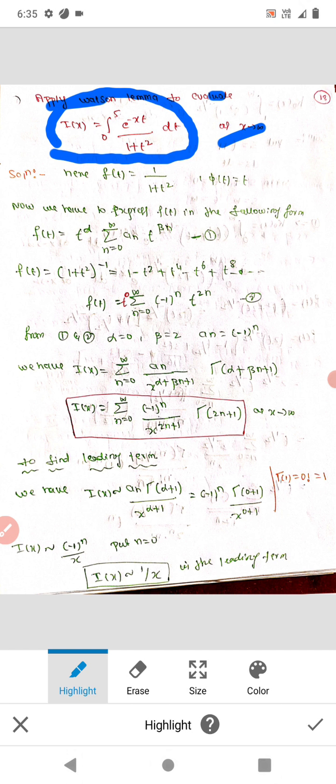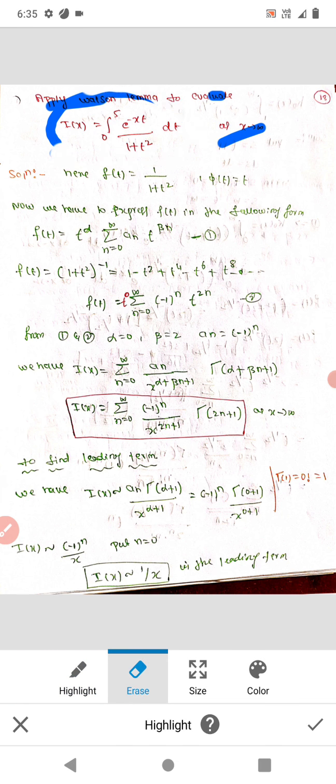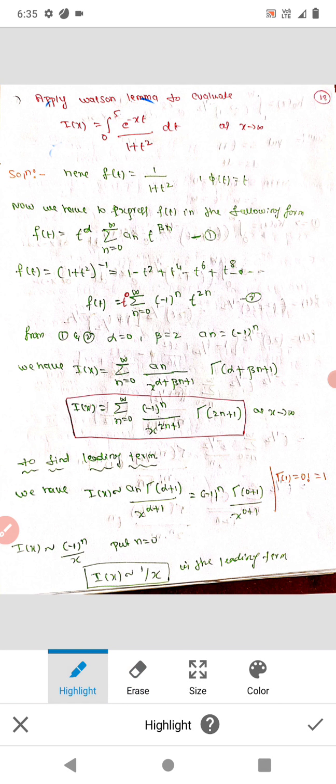So let us see how to solve. So here f of t is 1 over 1 plus t square and phi of t is minus t.